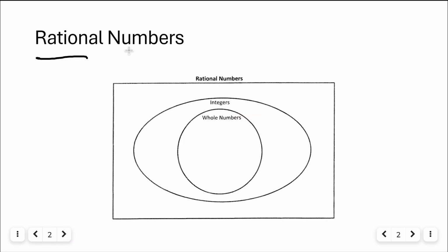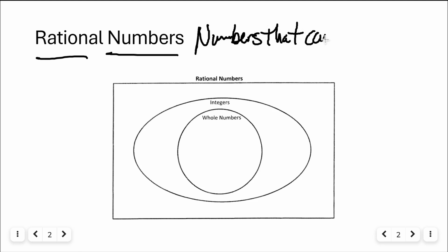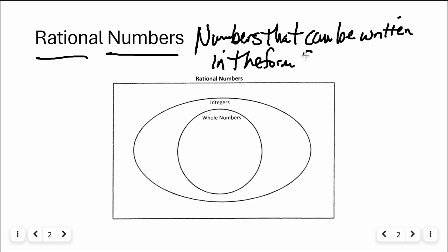Okay, so rational numbers. Rational numbers are numbers that can be written in the form A over B. So I can take two numbers, divide them, and get a rational number.